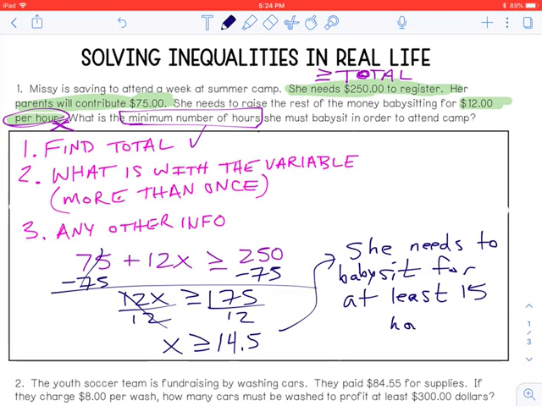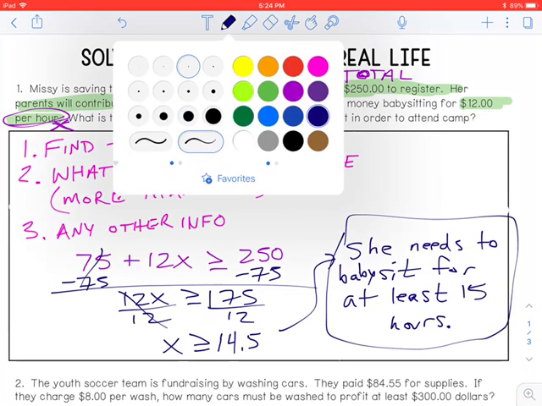Okay, and you can write that in whatever way you want, but 15 hours is your mark, okay? So round to the nearest hour, all right?